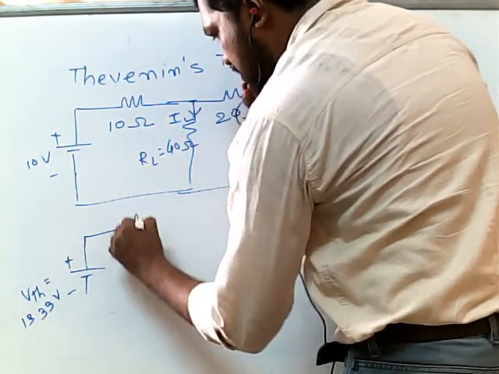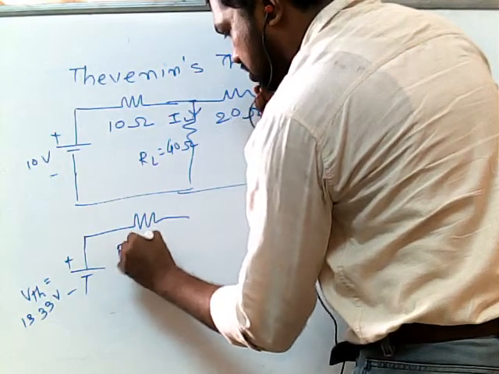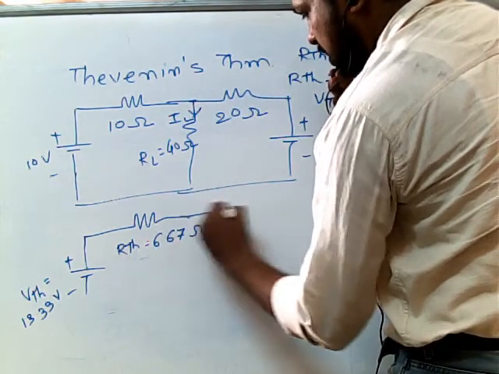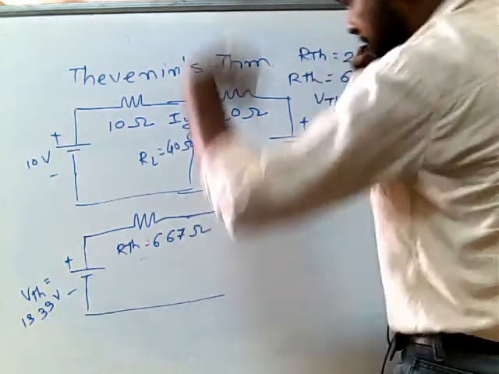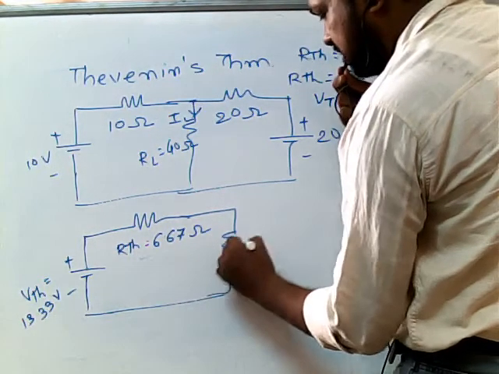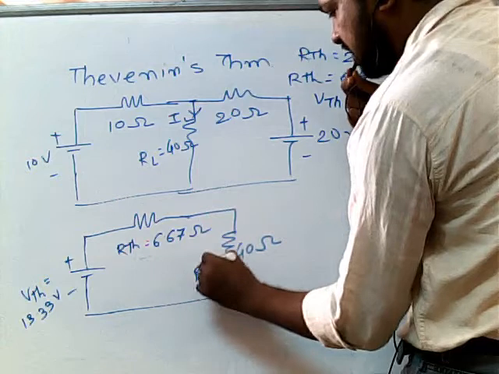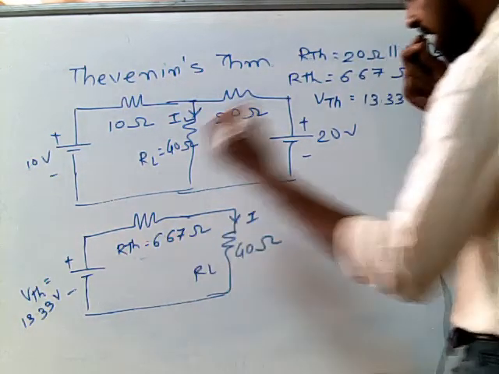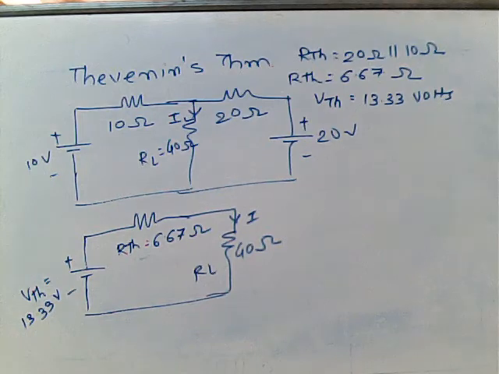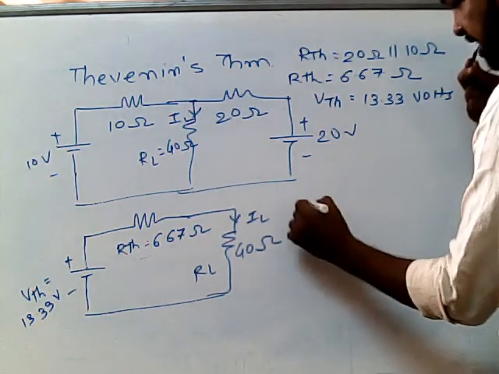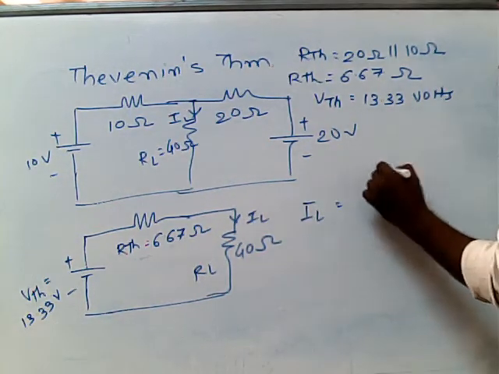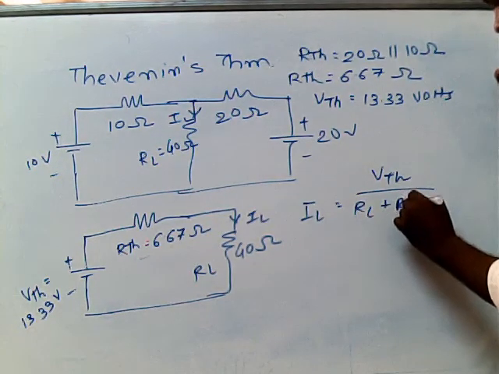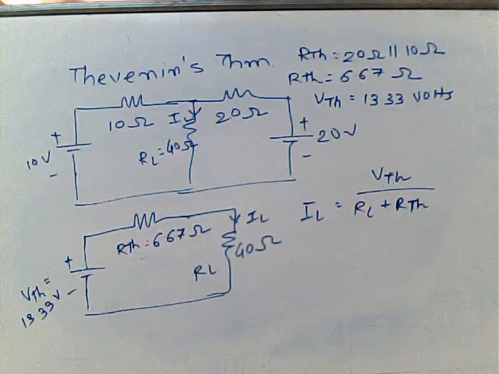Then this is RTH, equal to 6.67 ohm, and the resistance that we replaced in the first step, that is RL, is 40 ohm. Now if I want to find the current through this, I simply apply Ohm's law. Say this is IL, so IL is equal to VTH divided by RL plus RTH.